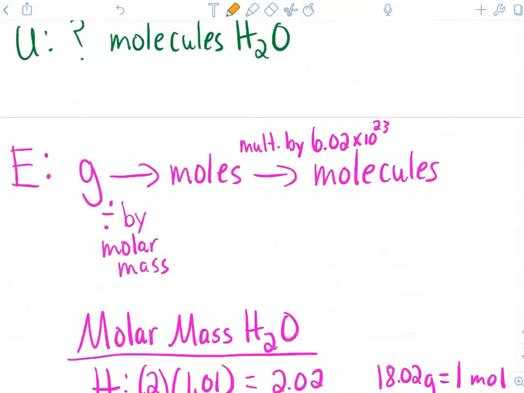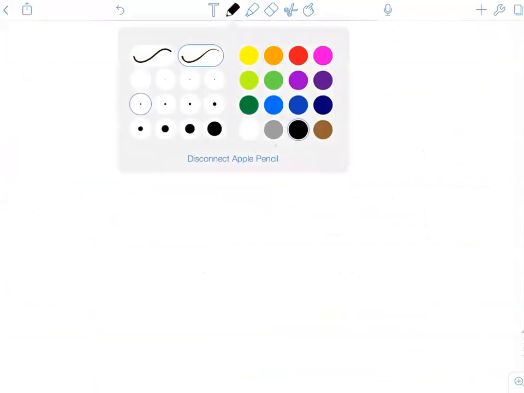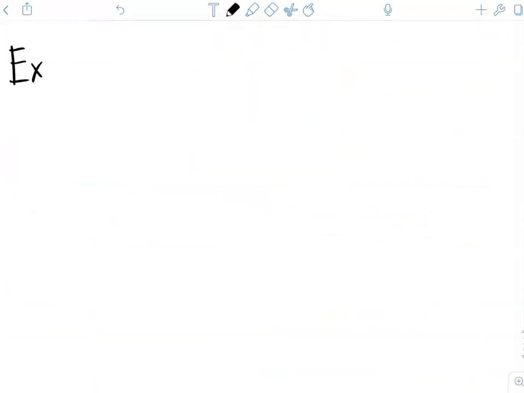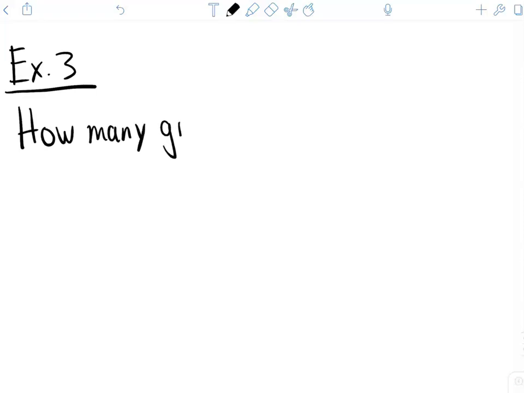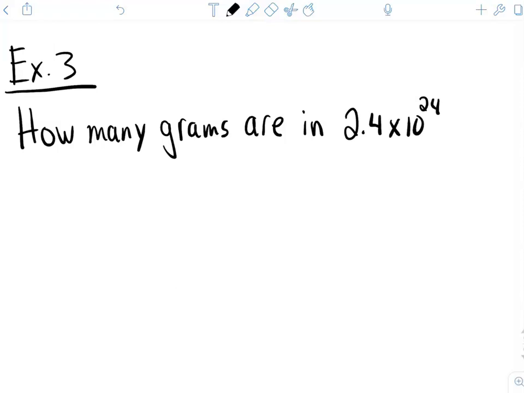So for example number 3, how many grams are in 2.4 times 10 raised to the 24th formula units of CaCl2?